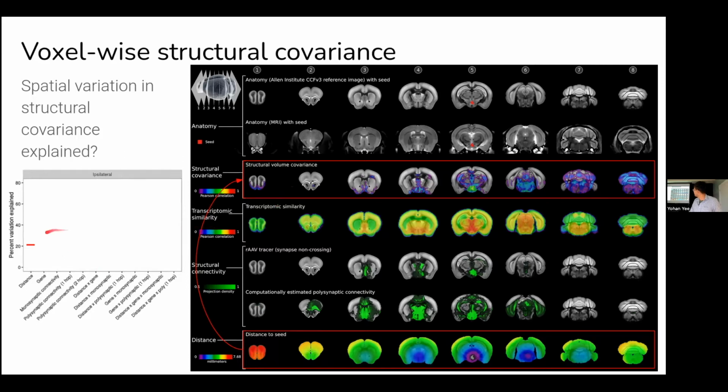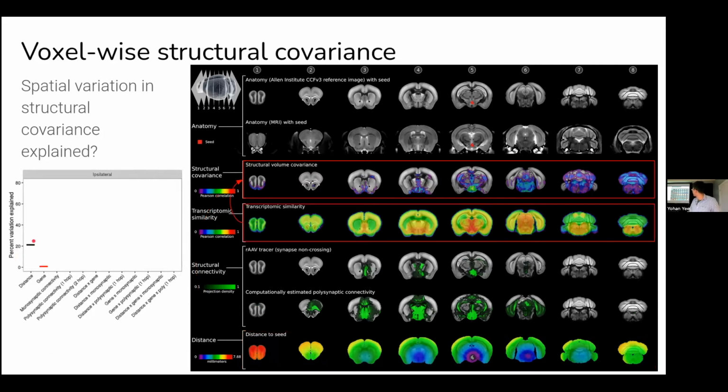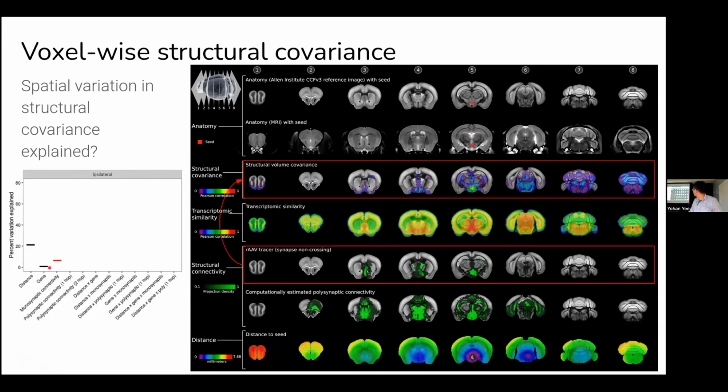I've denoted that as a little bar here on the right, around 20%. If you look at transcriptomic similarity, it looks similar, but if you do the math, you find that almost 0% of variation can be explained. Similarly, you can use your tracer image and compute variation explained. You find about 5% of variation is explained there.